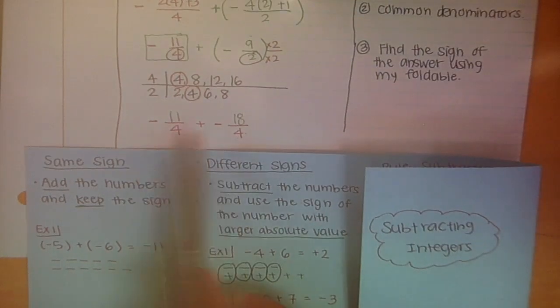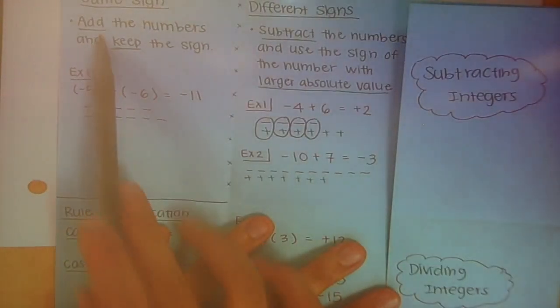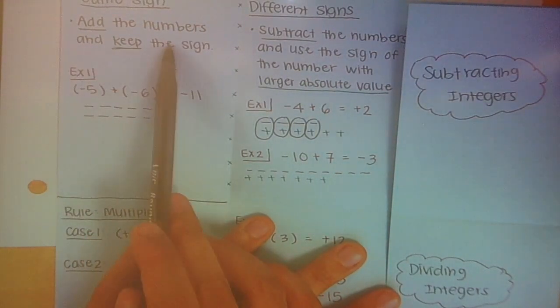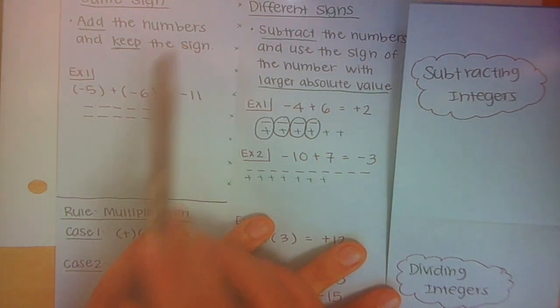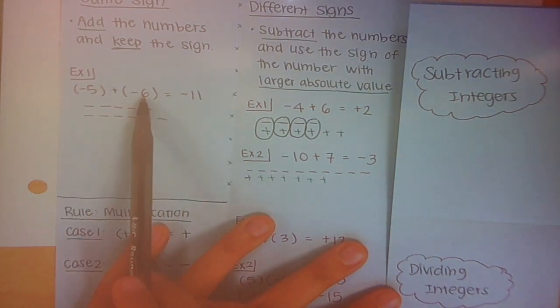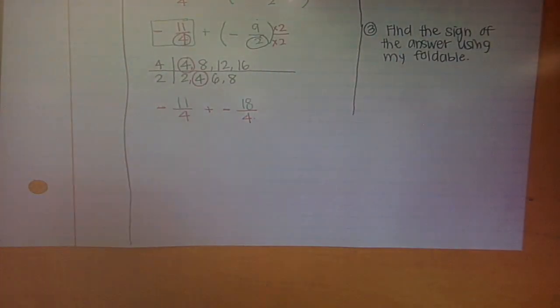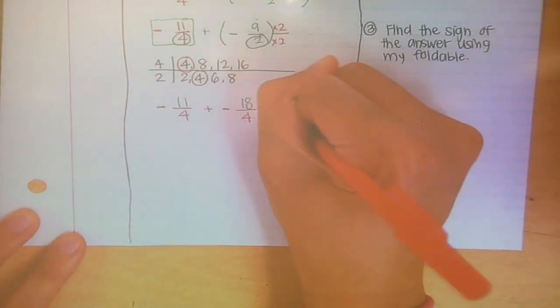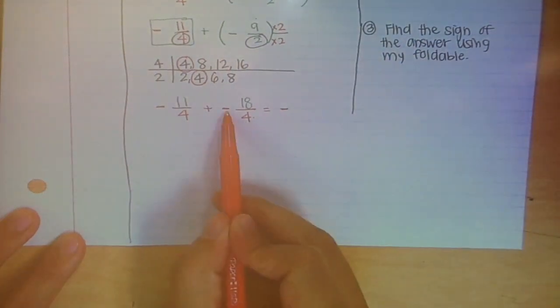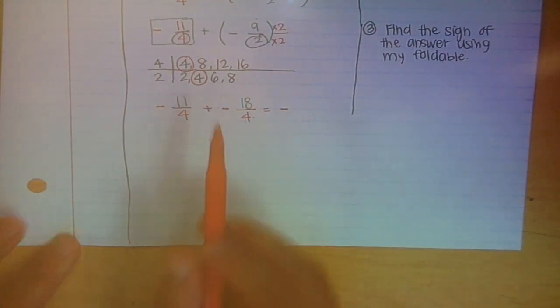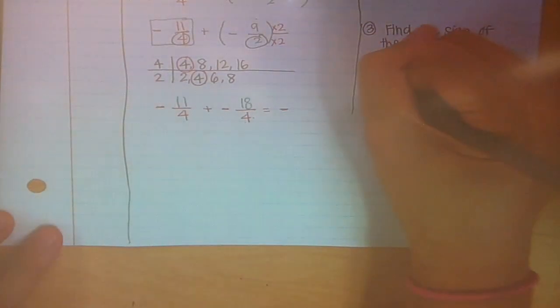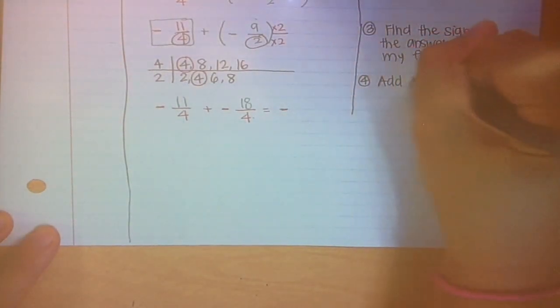Those have the same sign. They're both negative, so they're same sign. I'm going to add the numbers and keep the same sign. So if I have two negatives, the answer is going to be negative, and I'm just going to add up the fractions. So I know my answer is going to be something negative because they have the same sign. So I'm going to add them up. And finally, I'm going to add or subtract.